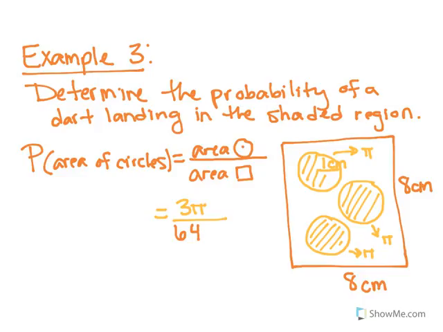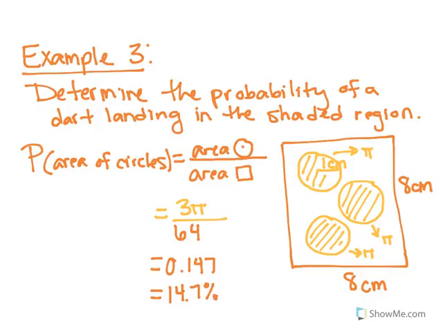So in my calculator, I'm going to do 3 times pi divided by 64, and I get a total of 0.147. Oops, that's not a 7. Hang on. There we go. If we talk about this in terms of percentage, we move our decimal place over 2 times, and I would get 14.7% chance of landing in a circle.